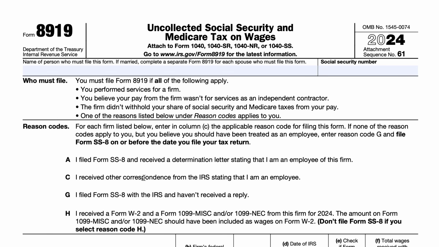Generally speaking, 6.2% of the employee's salary is deducted from the amount of their earned income up to an annual limit. That limit is known as the Social Security wage base limit.